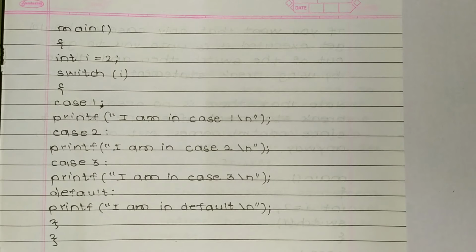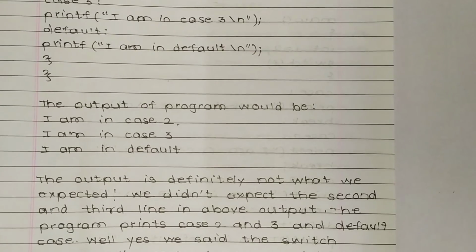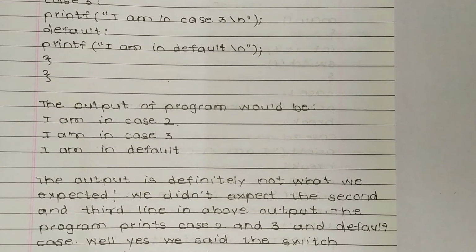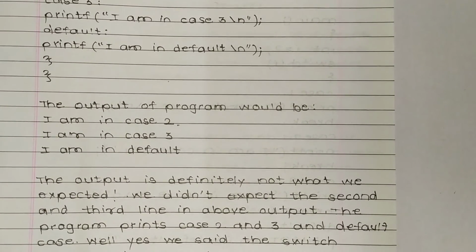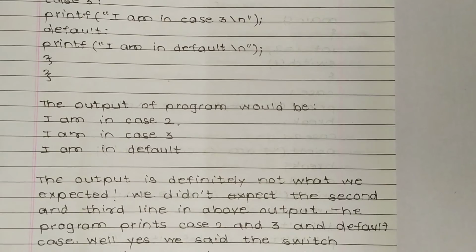Now case 3, then default, printf "I am in default". So this is a program for showing the case structure. Now the output of the program would be I am in case 2, I am in case 3, I am in default.